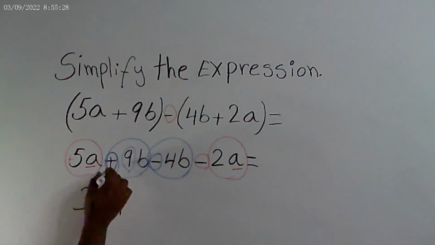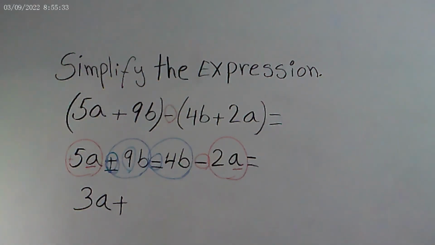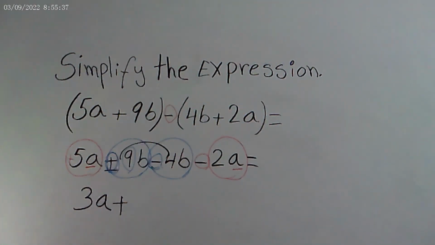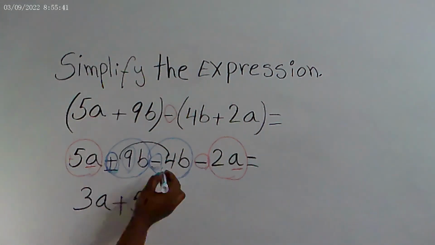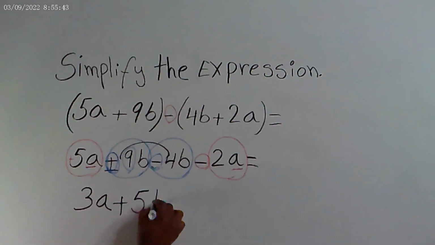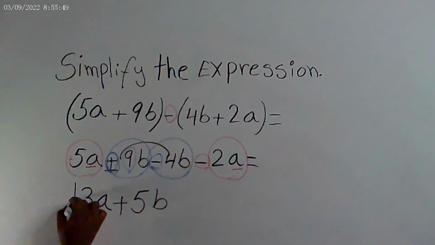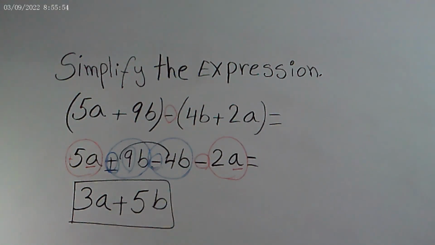And then because this is a plus, this is a minus, you're doing subtraction. So plus 9 minus 4 gives you 5. And then you keep the variable B. You don't have any constant on this one. That is the final answer. You see, it's easy.